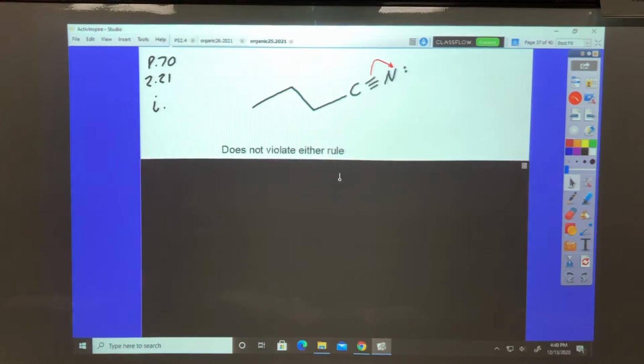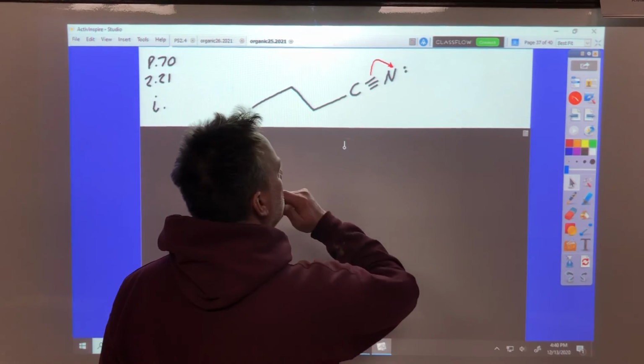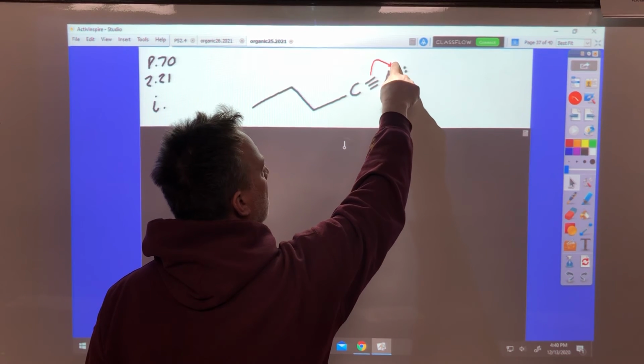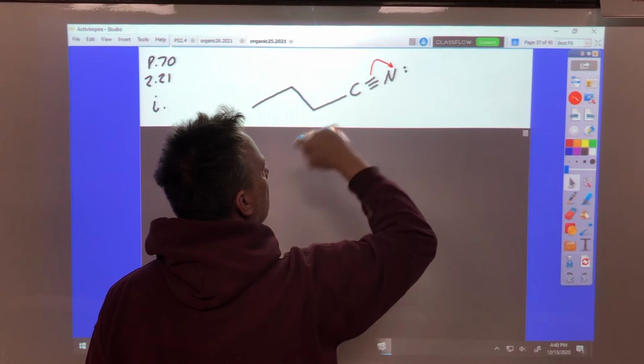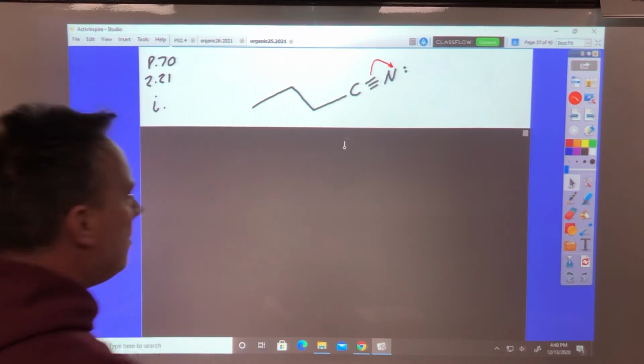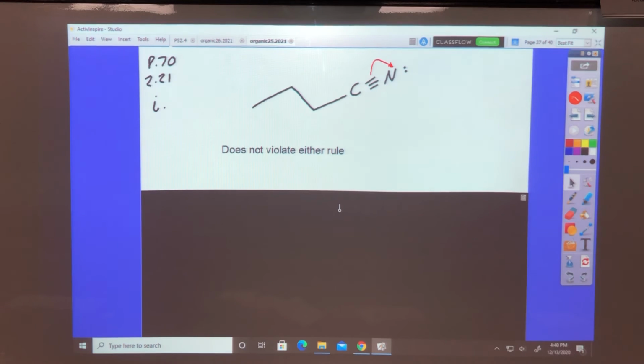Okay, what about this one? Well, I think we might be all right to do this one. If we break that bond, nitrogen will have 2, 4, I think we're okay on this one. What am I missing? Anything? No, doesn't violate either rule.